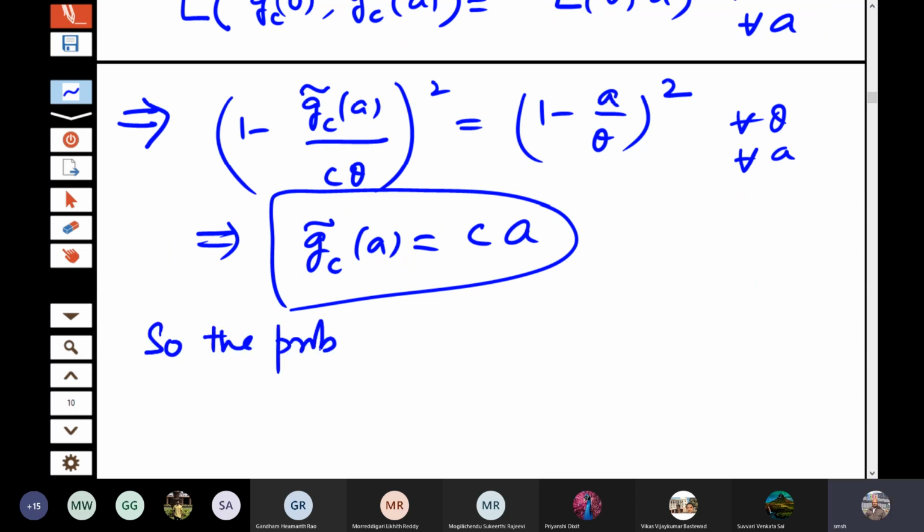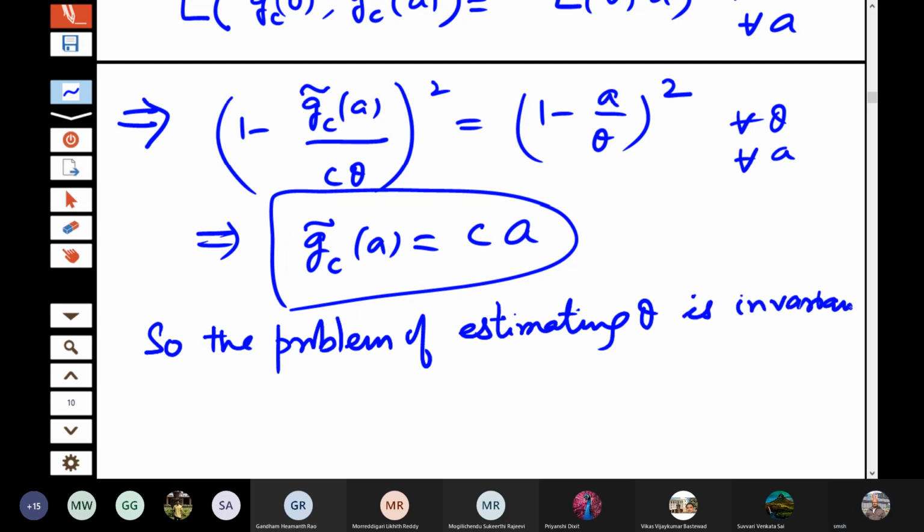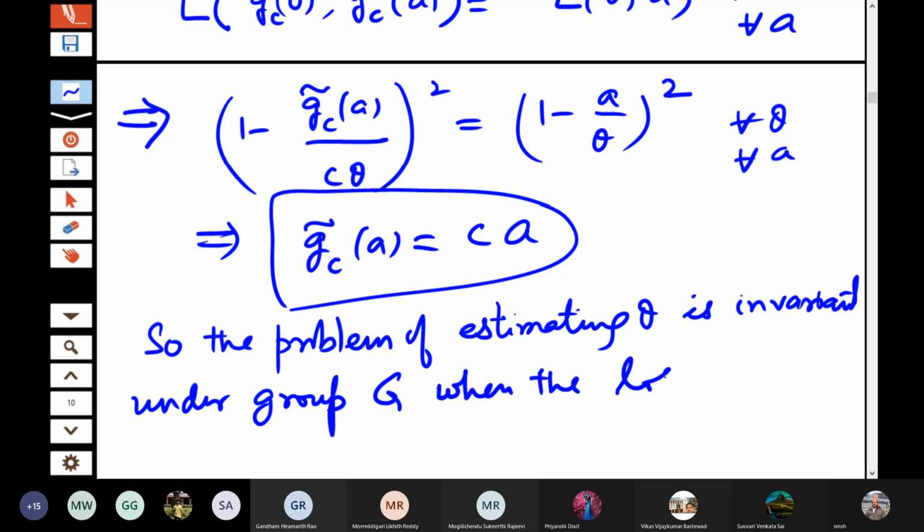So the problem of estimating theta is invariant under group G when the loss function, this loss function actually we call to be scale invariant loss function.